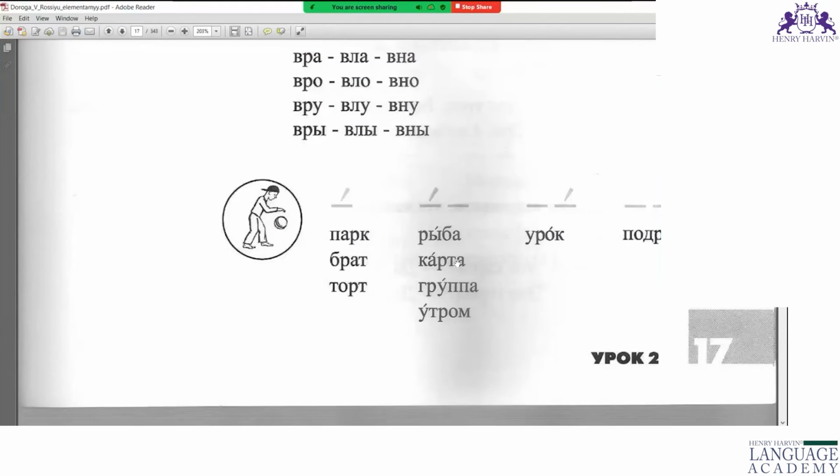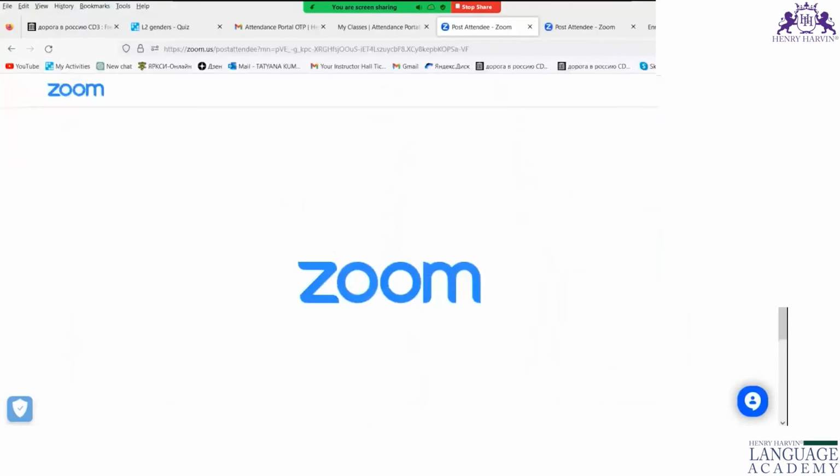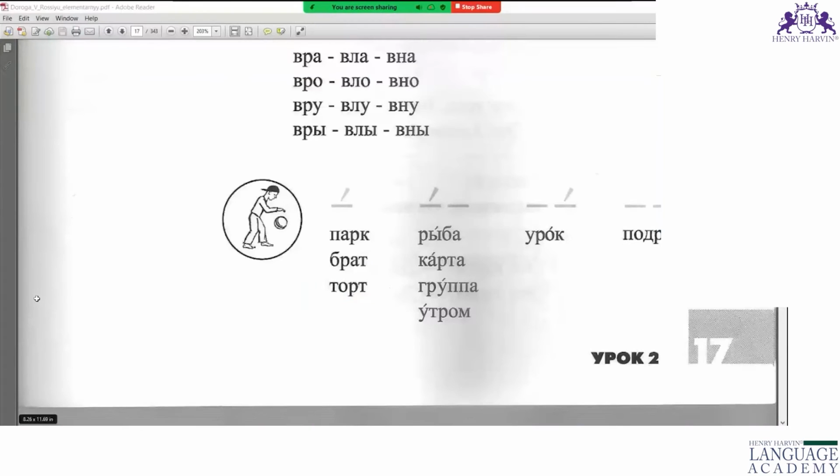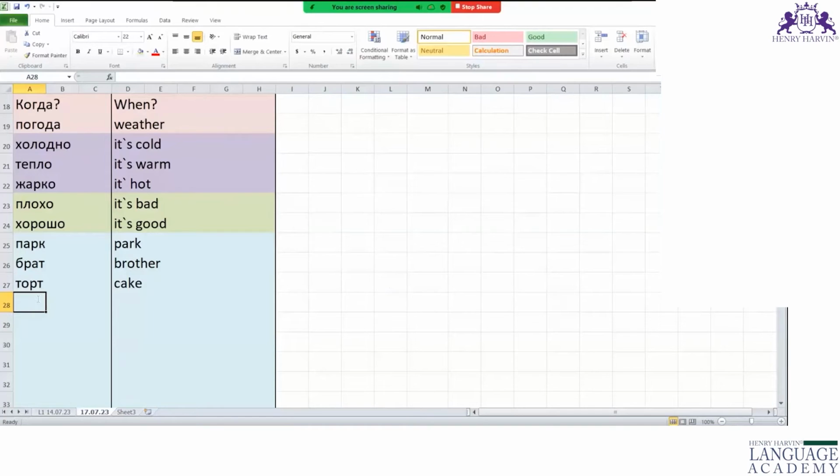Next we have рыба, карта, группа, утром. Let's write down рыба, карта. Рыба is fish. Карта is a map.